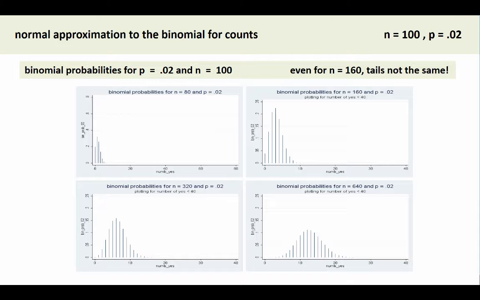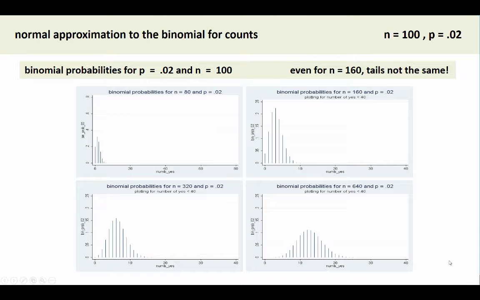And you know what? Even for n equal to 160, the tails of the distribution don't look symmetric. It's only the picture in the lower right-hand corner where n is equal to 640 that the distribution for the number of yes looks similar to the normal curve.